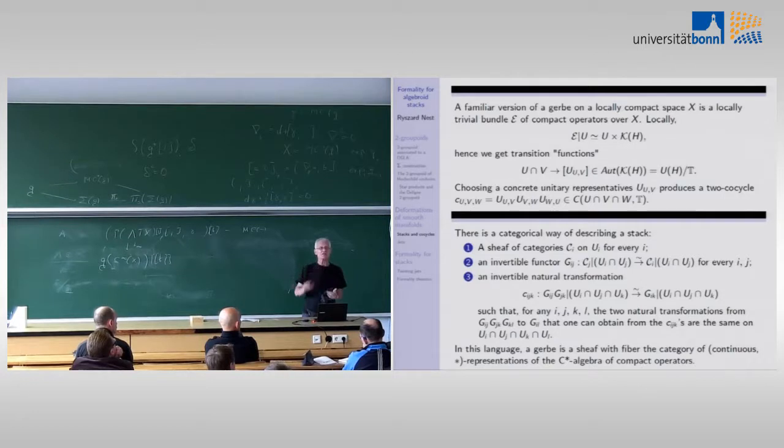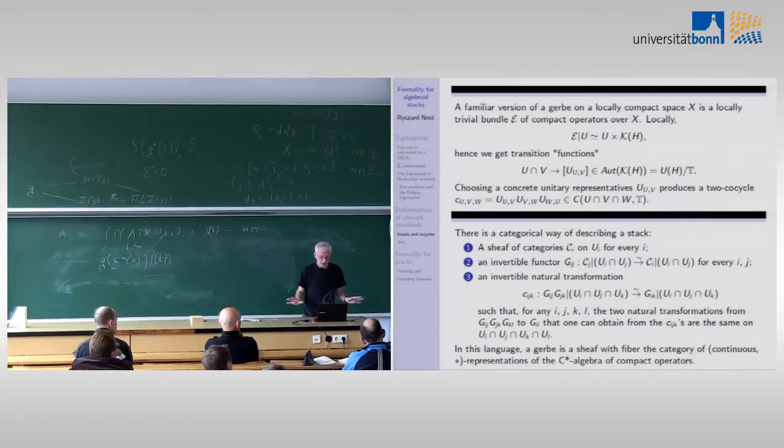On triple intersections, we get a product of three unitaries which implements the trivial automorphism of compact operators. It does not say that the product is one, just that the product is a scalar. So we get our familiar description of a bundle of compact operators.